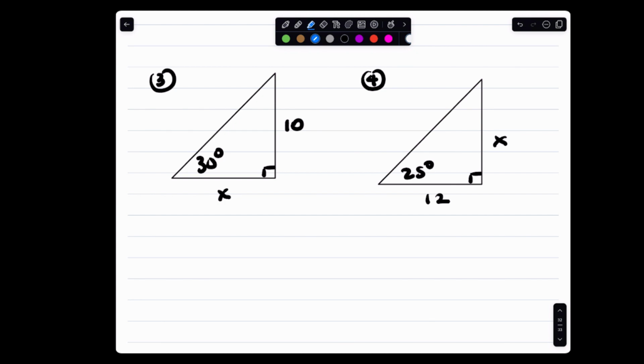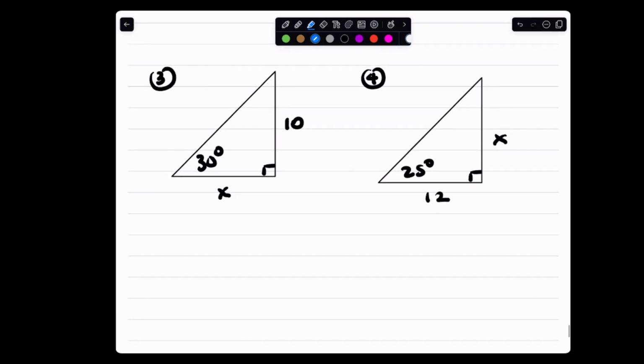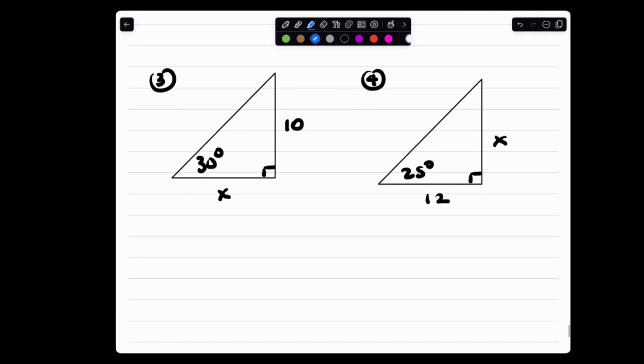Now let's do the next set. How about this? We have an angle of 30 here and an angle of 25. Let's label. For the 30 degrees, what did they give you? What's the x represent? Adjacent side. Okay, what about 10? Opposite side.